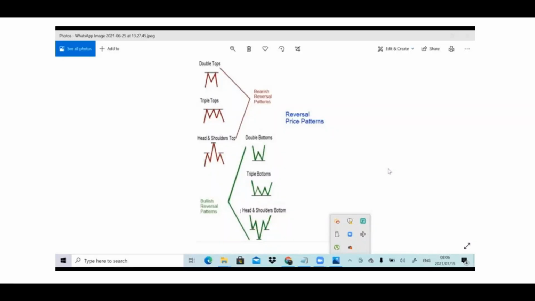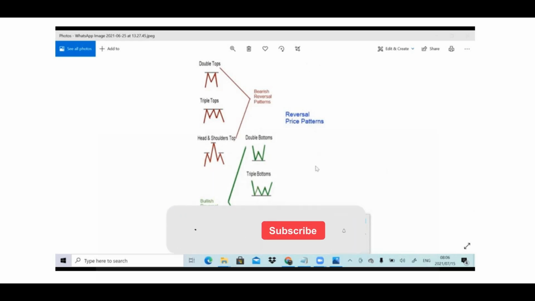Guys, when it comes to reversal patterns, we have mainly 3 major patterns that we look at. So we have a double top, a head and shoulder. Then we have a double bottom, that's head and shoulder.